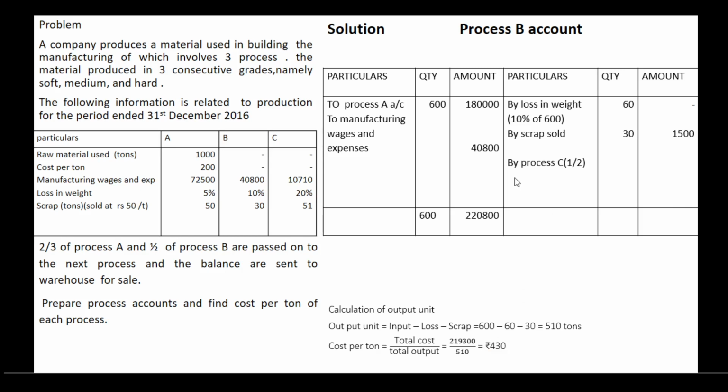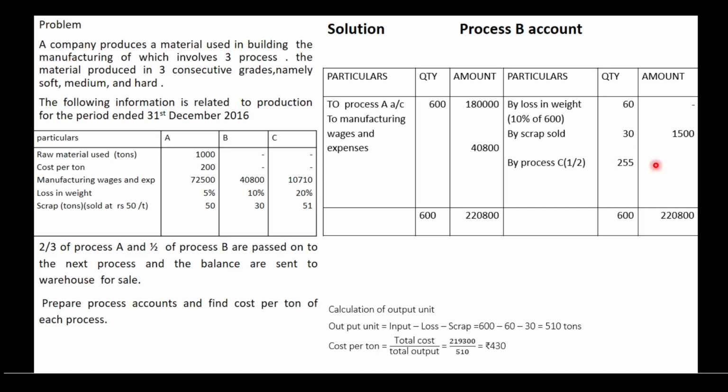So now by process C, that is the half of the output transferred to the next process. Here the total number of output units are 510. So out of the total output of 510 tons, half we have to transfer to the next process. So 510 into 1/2, that is 255 tons.